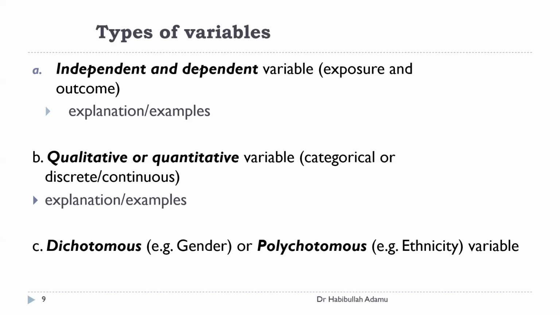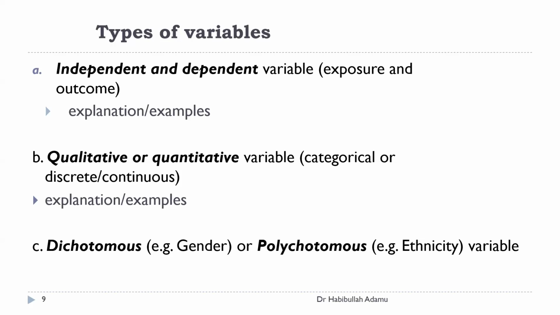So, qualitative versus quantitative variable. A quantitative variable is a variable that is described using number. Any variable that you collect or describe in numerical terms, using number, is a quantitative variable.